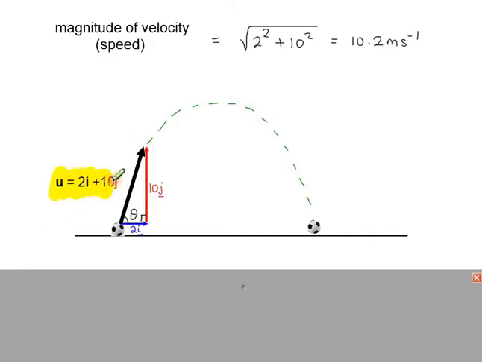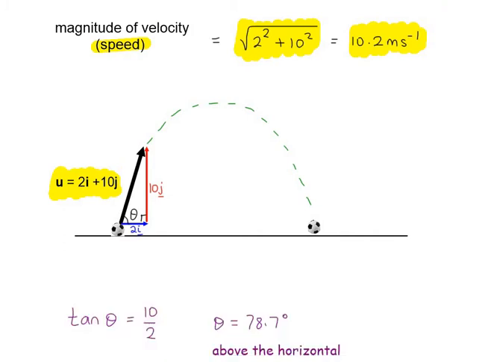This is the initial velocity vector. The magnitude of this velocity is given by Pythagoras' theorem, which is 10.2 meters per second. So we could say that initially this ball was projected at a speed of 10.2 meters per second. We can easily work out the angle theta using basic trigonometry.